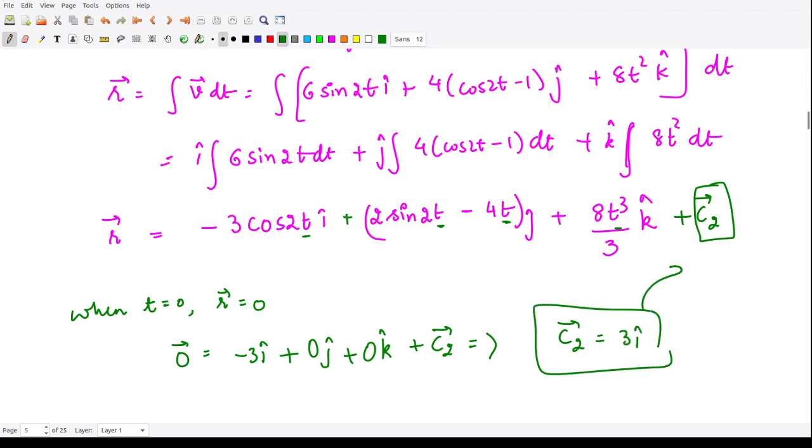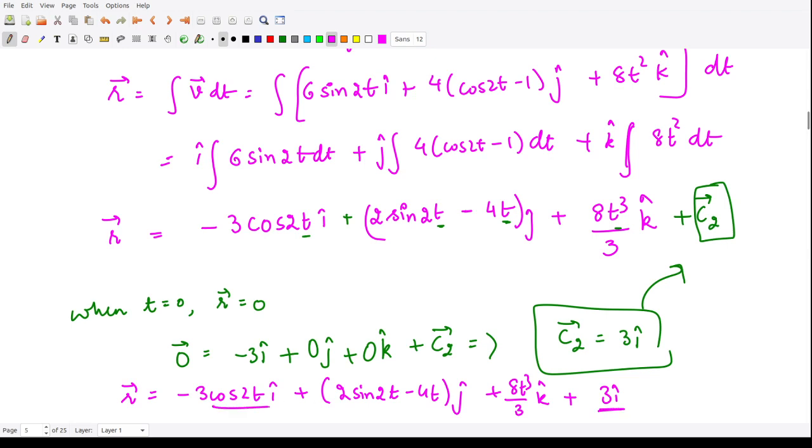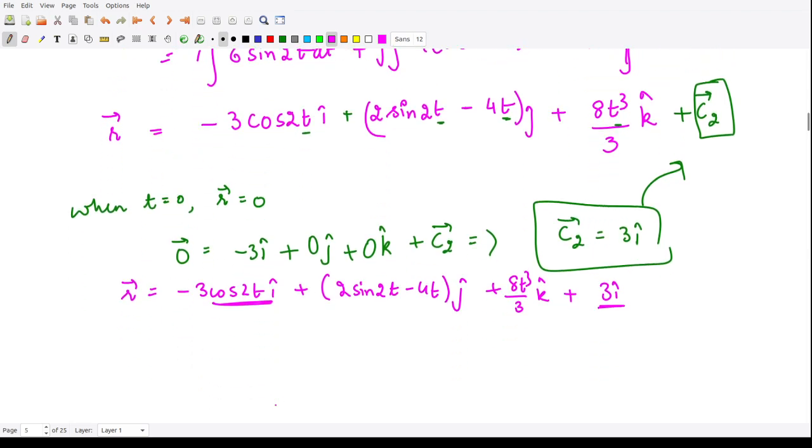So you can substitute the value of this vector here, so that you obtain the displacement as the vector minus 3 cos 2t I cap as such, plus 2 sin 2t minus 4t j cap as such, and then plus 8t cube by 3 k cap as such, and then instead of C2 you can write 3 I cap. So you could club this term and this term. So finally, what do you obtain here?